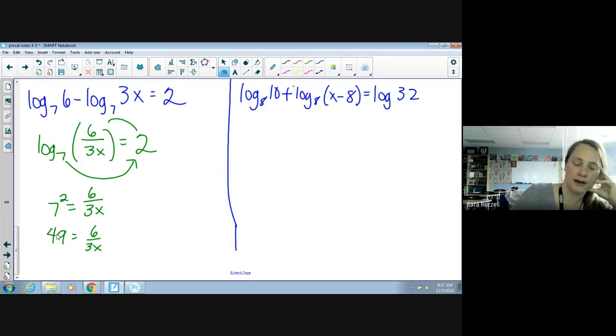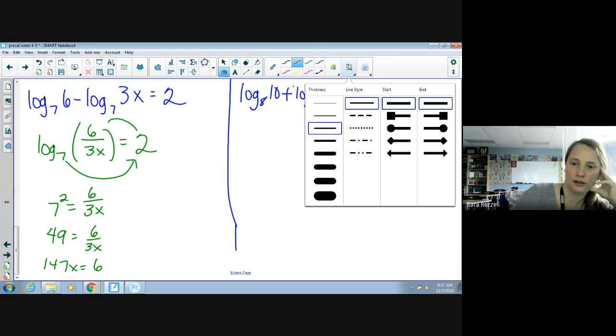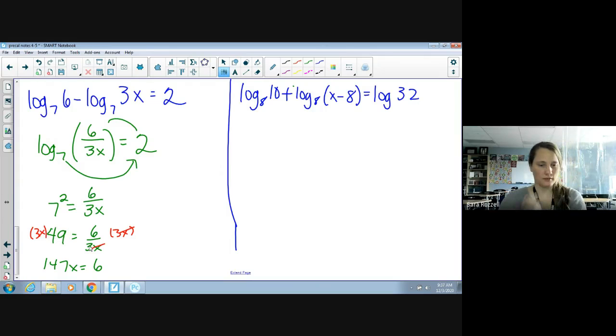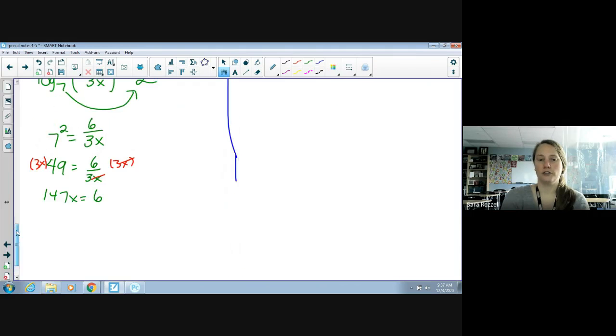So let's multiply by 3x on both sides. So 49 times 3, 147. So I just multiplied by 3x on both sides to get that over there. So 147x equals 6, and then we divide both sides by 147.